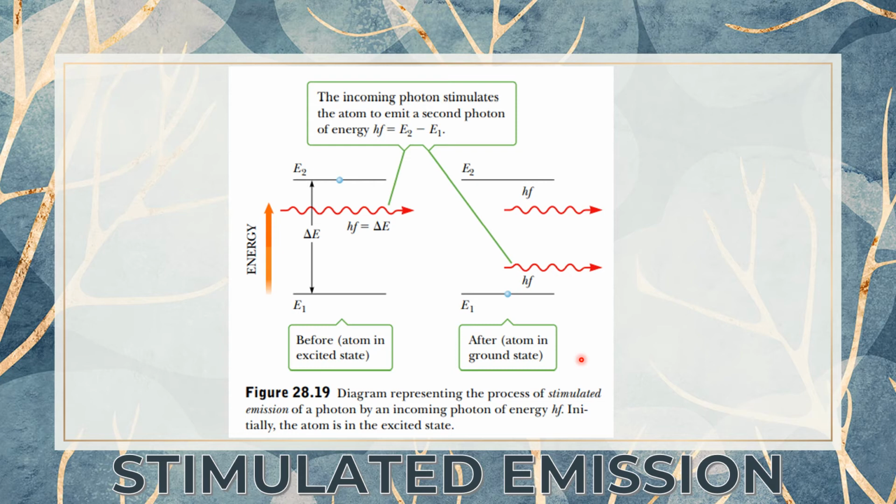In that process, the electron decays to a lower energy level and a photon is produced with the same frequency, direction, phase, and electromagnetic polarization as the original photon. So here, the incoming photon stimulates the atom to emit a second photon of energy.